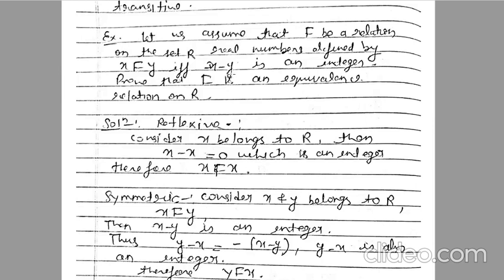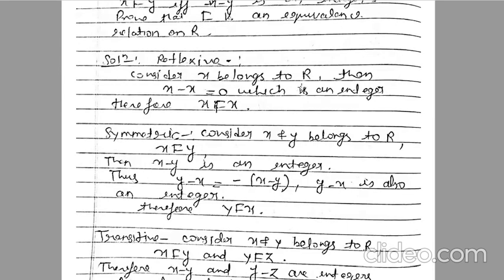For the reflexive relation, your property will be x is related to x. So x minus x is equal to 0, and you know guys, 0 is an integer. So the reflexive property is true for this relation. Similarly you can check y is related to y: y minus y is equal to 0, so y also satisfies the reflexive property.